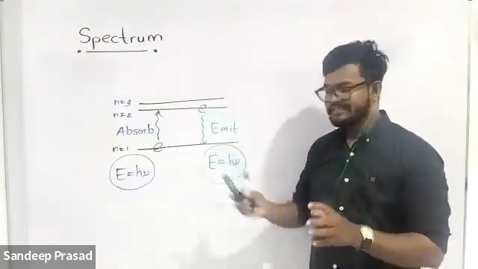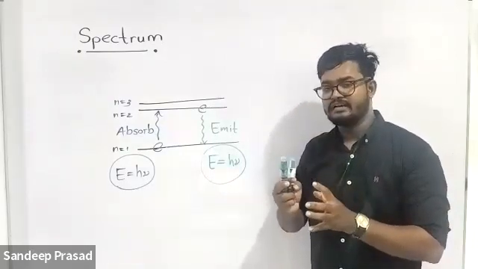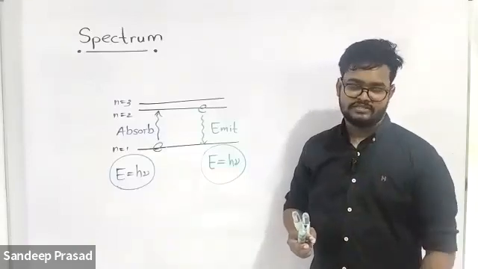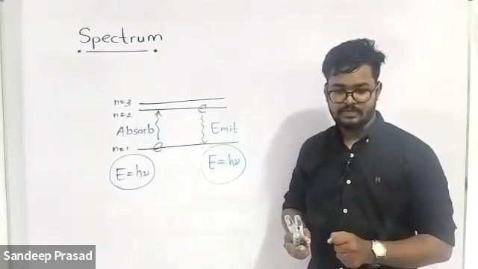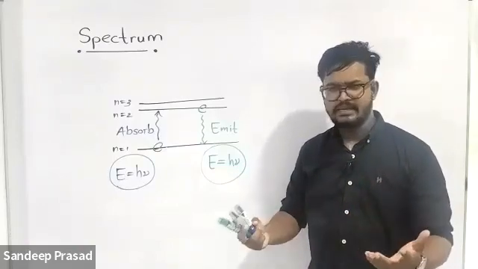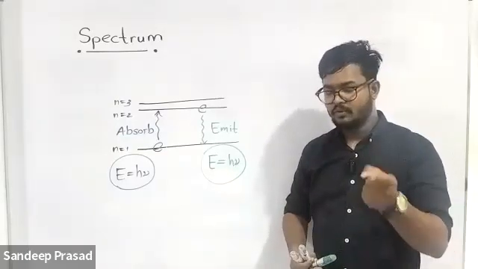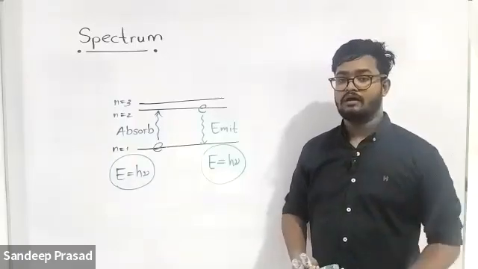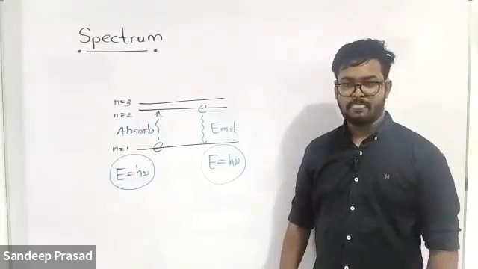Likewise, using the energy emitted or absorbed by these electrons when they are moving between energy levels, we can find the location of these electrons. That's why we are going to analyze spectrum. Spectrum means simply a set of electromagnetic radiations emitted or absorbed by electrons when they are transferring in between energy levels, right?